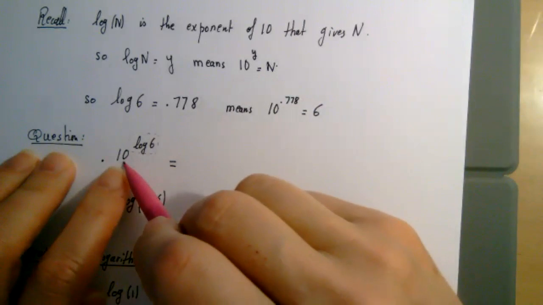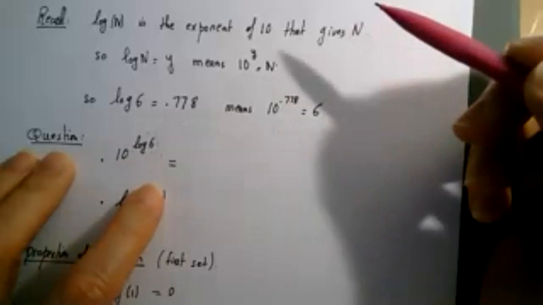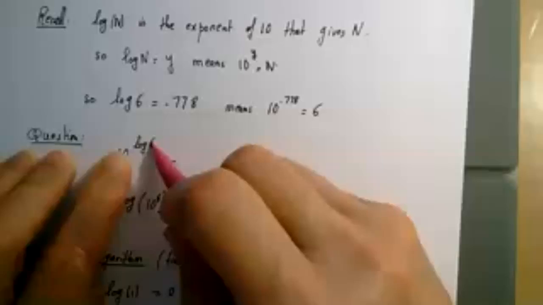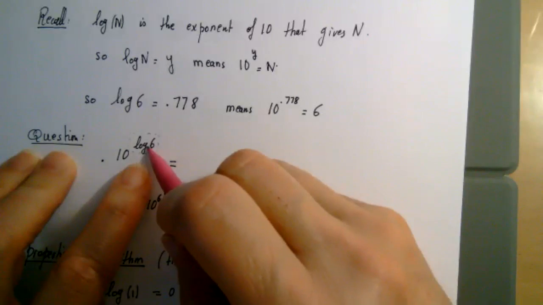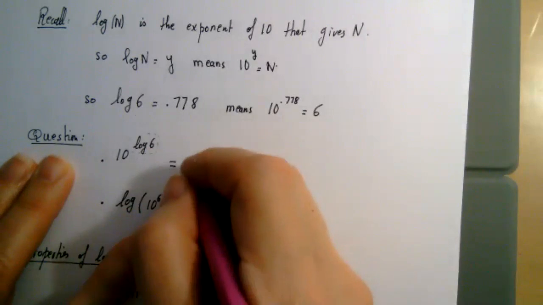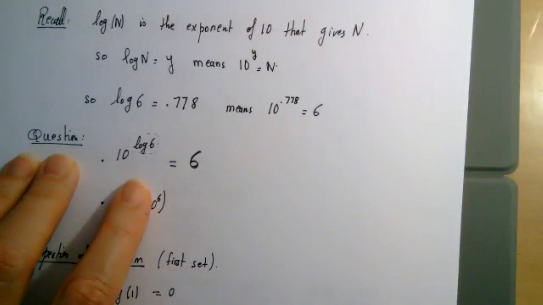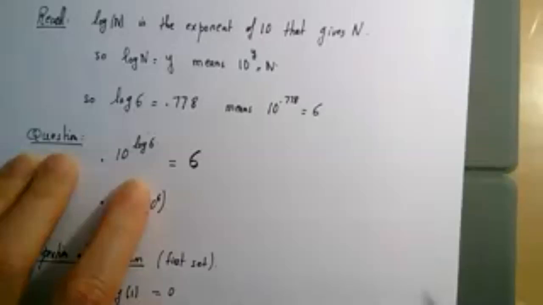So if I take 10 to the log of 6, what are we actually going to get? What's the definition of it? That's the power of 10 that gives you 6. So 10 to that power is exactly 6. Why? Because that's the definition.